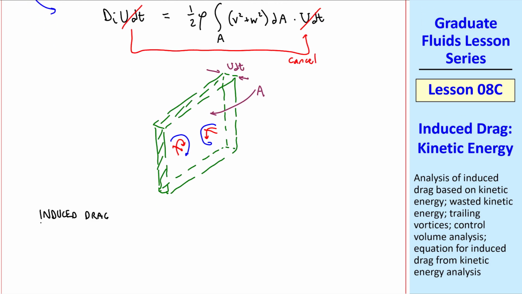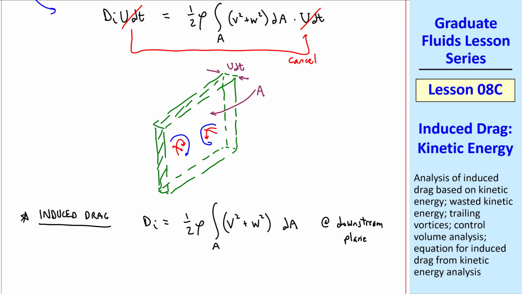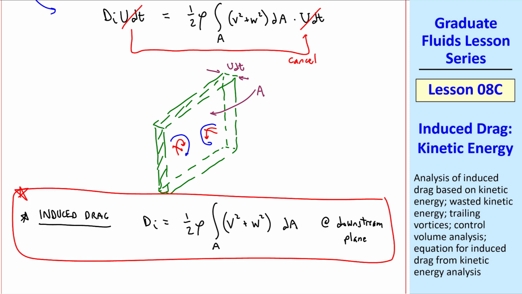Thus we have an equation for induced drag, Di equals 1/2 rho, integral over the face area, v squared plus w squared dA, at the downstream plane of our control volume. Thus, in a few simple steps, we've generated an equation for the induced drag.